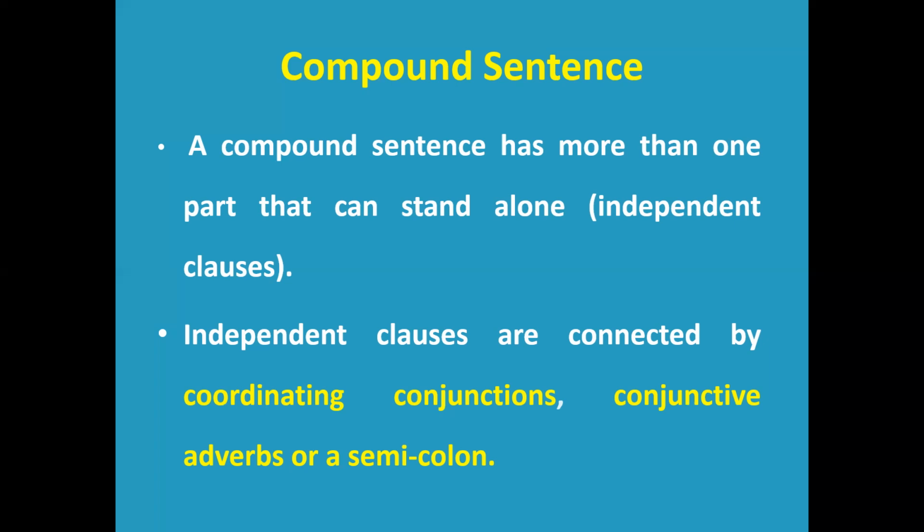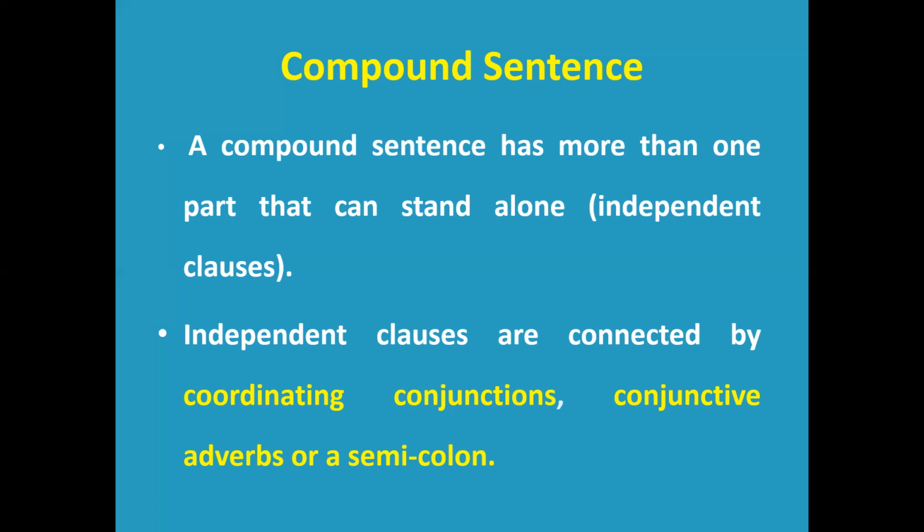So we can easily understand the difference between dependent and independent. Something that can stand on its own is independent, and if the clause cannot complete its own meaning, that is a dependent clause. So definitely a subordinate clause depends on the main clause for the completion of the meaning.